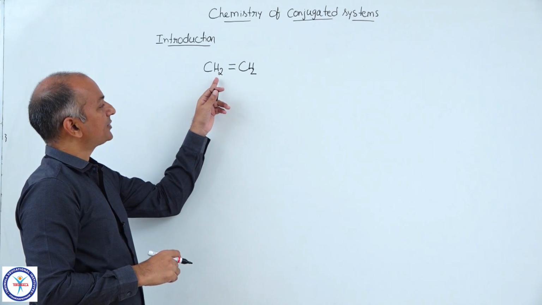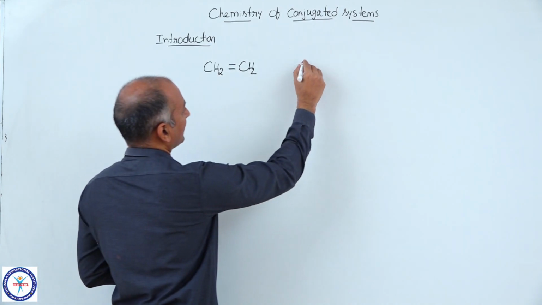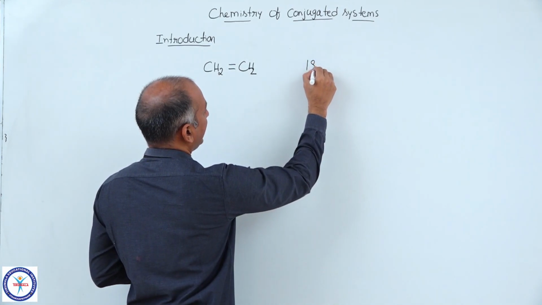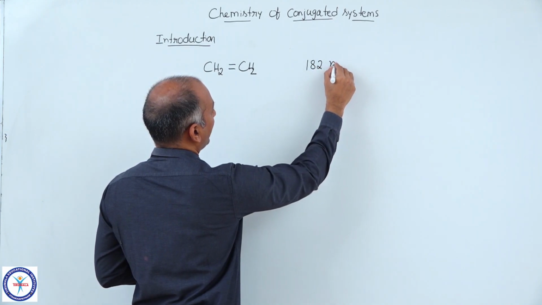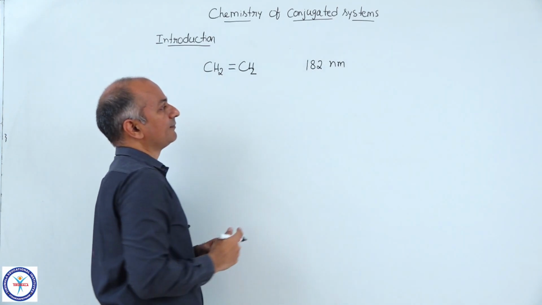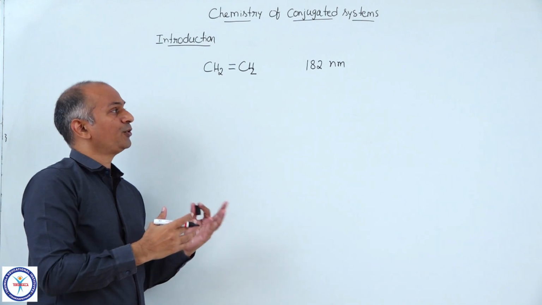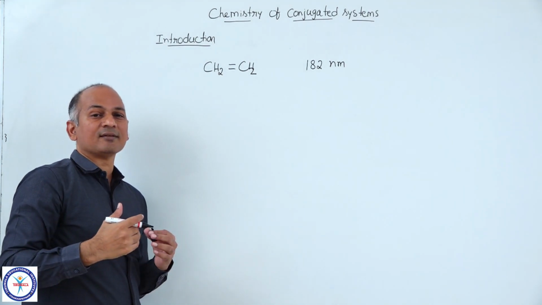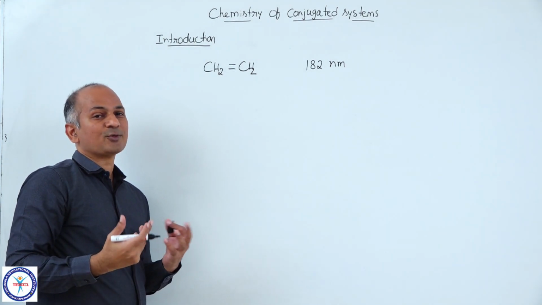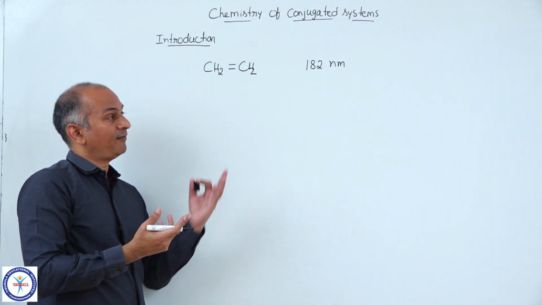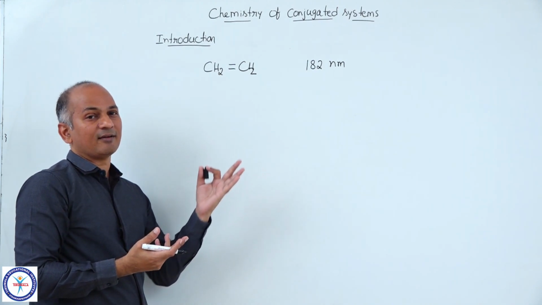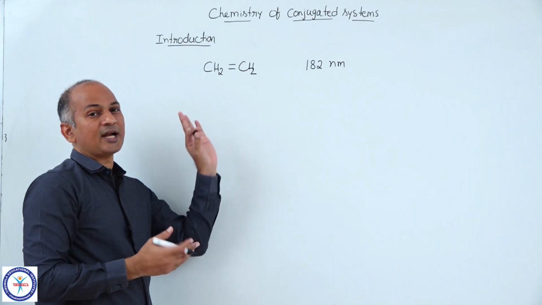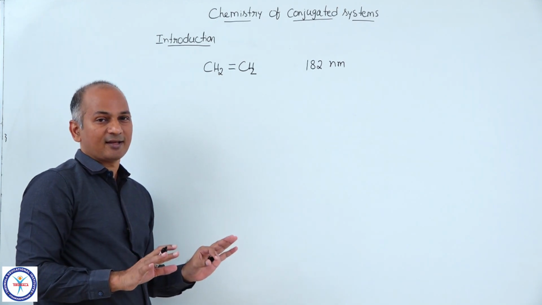It absorbs light at a wavelength of 182 nanometers. And obviously, 182 nanometers falls in the ultraviolet region, so no color. The wavelength does not fall in the visible region. So this compound is not expected to be colored, and it is not colored.